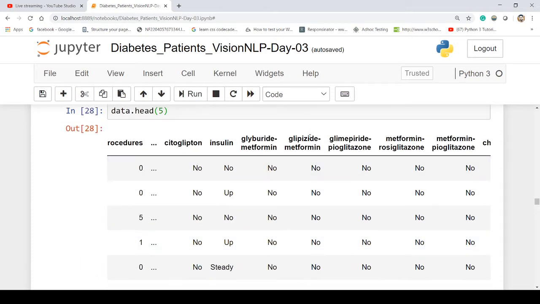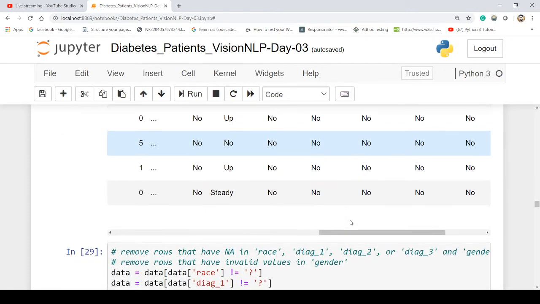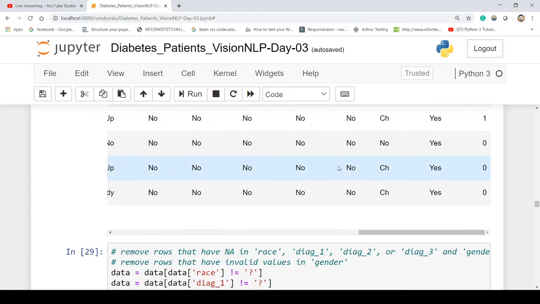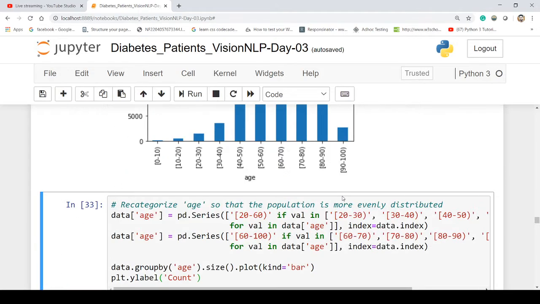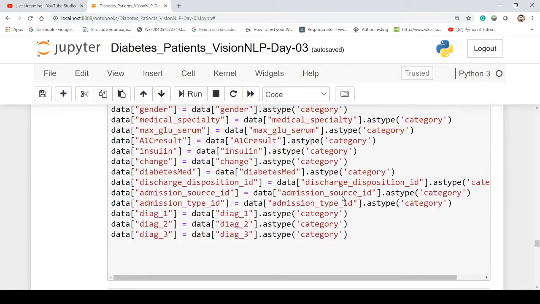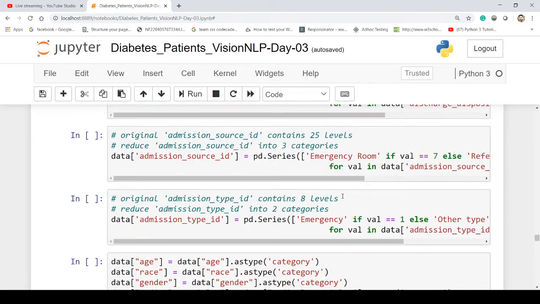If you just look at all these columns, that is why we don't need them. The whole idea is, the fewer variables you have, the better your model will perform. The more chunks you have, the worse the model will perform.